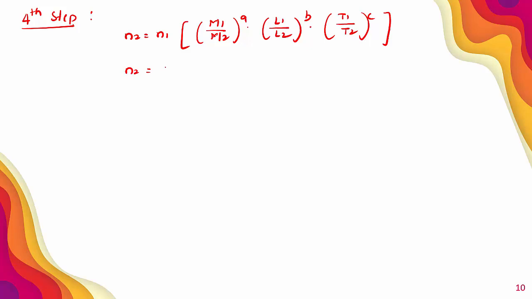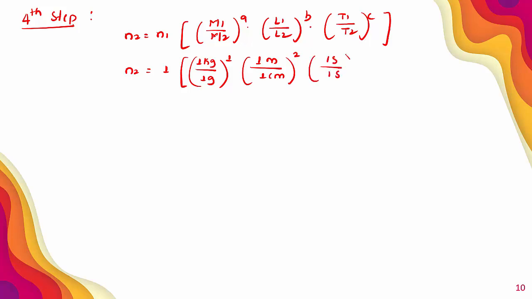N2 equal to N1, which is 1, into M1 by M2, that is 1 kg divided by 1 gram, raised to a, where a equal to 1, into L1 by L2, that is 1 meter divided by 1 centimeter, raised to b equal to 2, into T1 by T2, that is 1 second divided by 1 second, raised to c equal to minus 2.